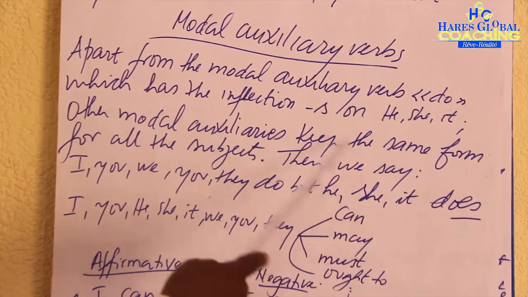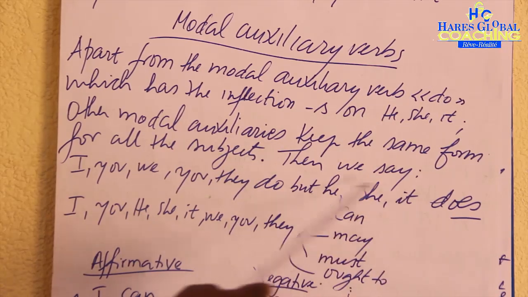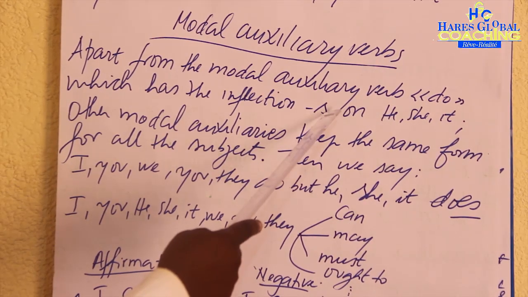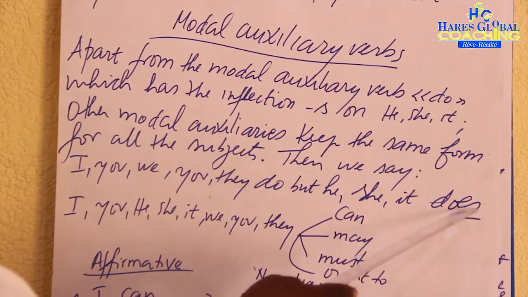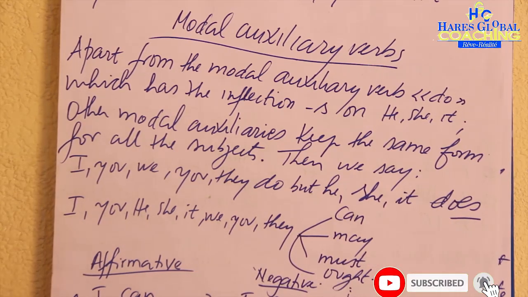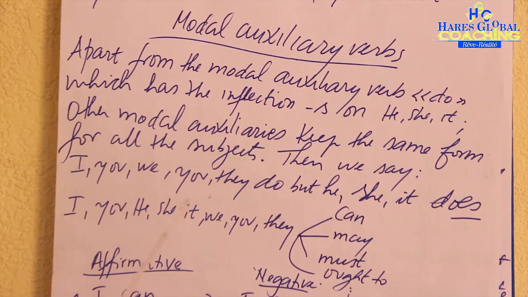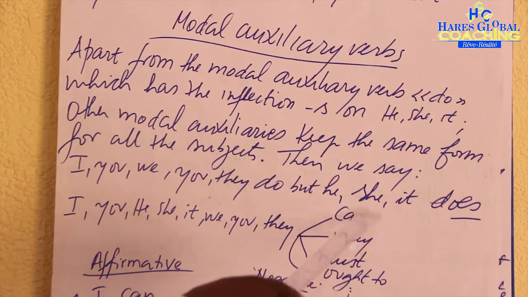It is only the modal auxiliary verb do which has the inflection s. In which way do we add es. But for other modal auxiliaries, we have the same form for all the subjects, being he or she or it.